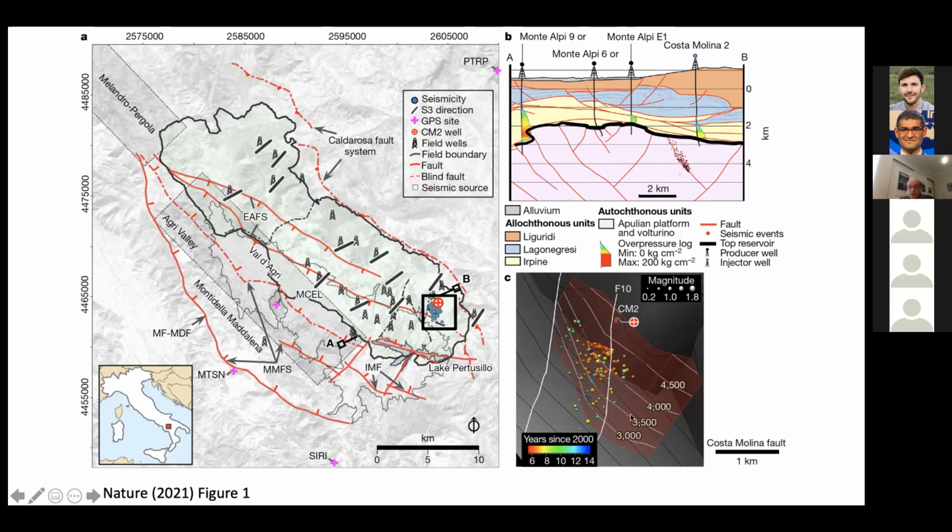This is a map of that same area with the earthquakes, and you can't quite make it out, but this brown area is a fault. This fault here, the outline of that fault.